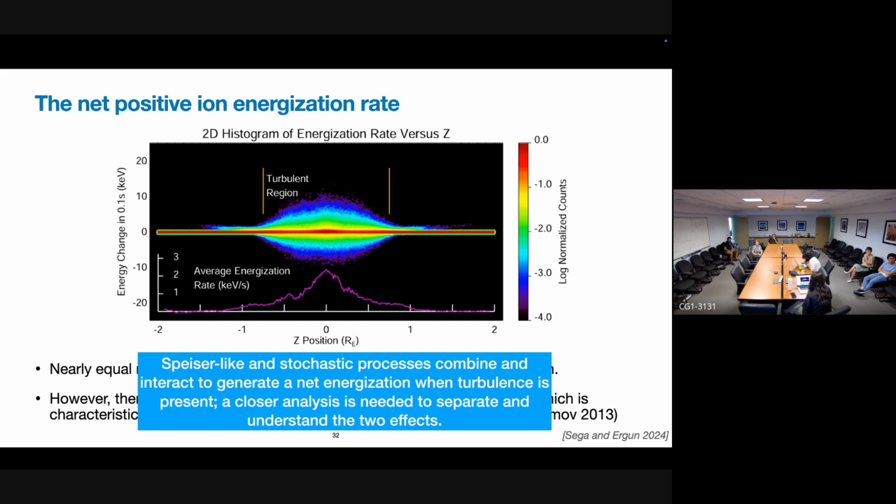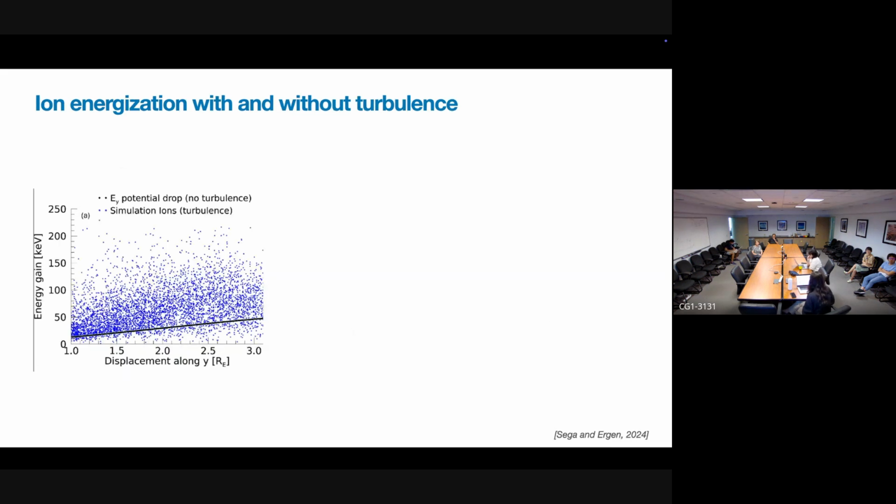And to achieve this, we need to consider both Speiser-like orbits and also the stochastic processes in turbulence. And since we're in a simulation, we can play with the magnitude of the turbulence. We can completely turn it off to have a simple planar reconnection case, or we can turn it on to have full turbulence. So now we're looking at the displacement along y.